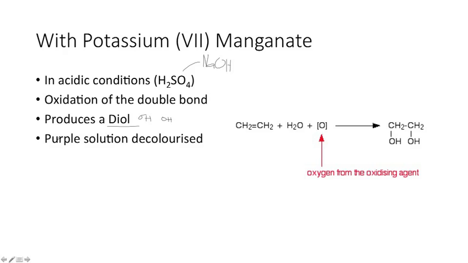And the purple solution will move from purple to decolorized. So potassium manganate acts as the oxidizing agent in this reaction here. And as you can see, we have the diol, 2 OH groups.